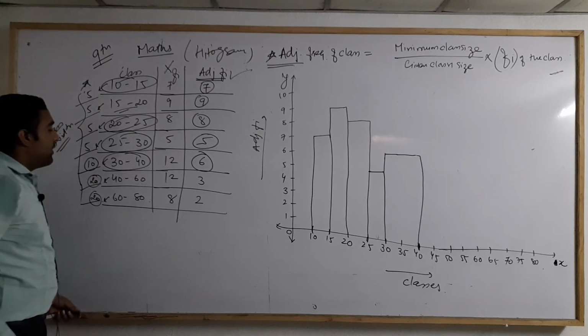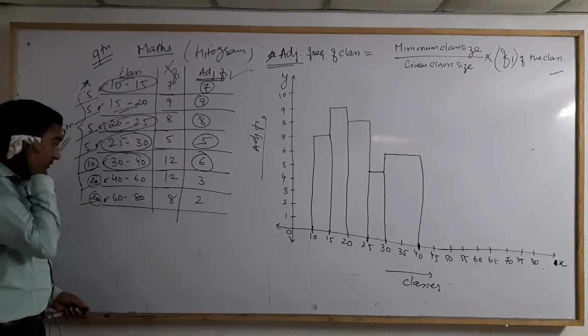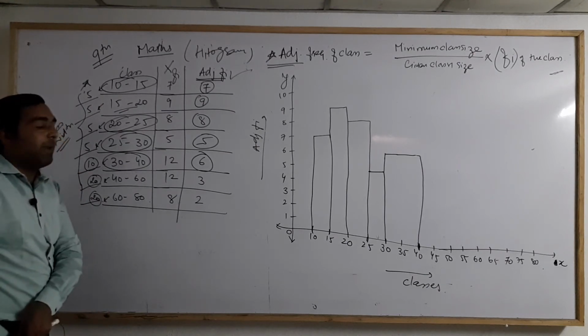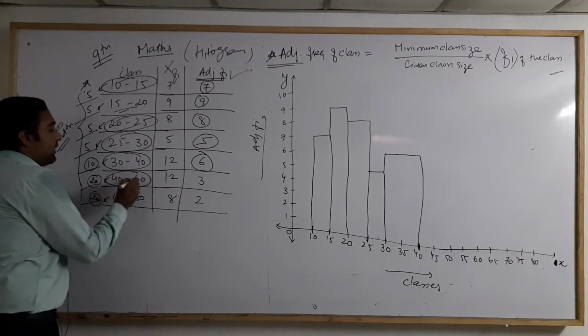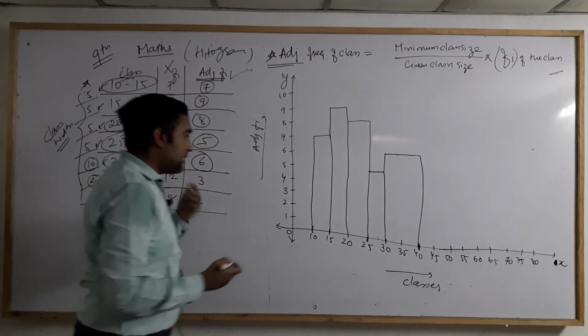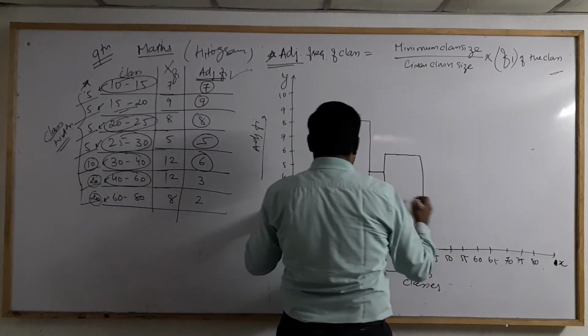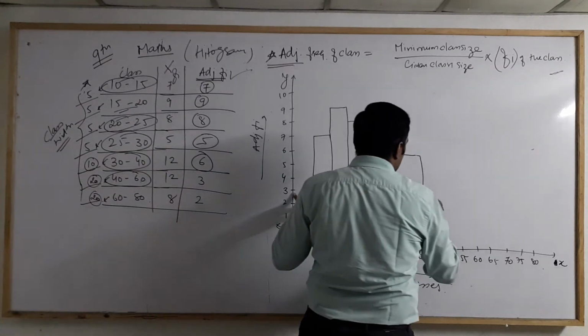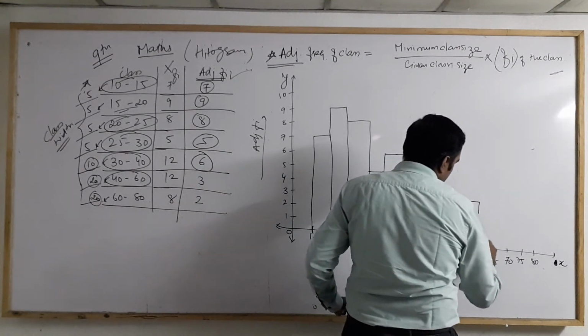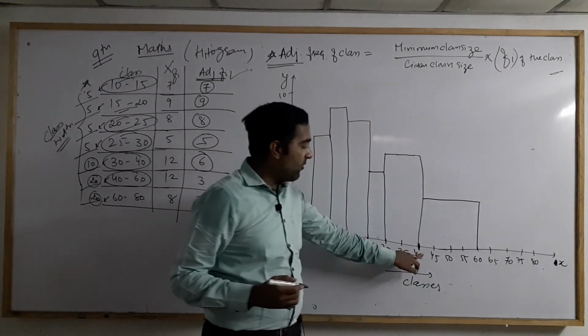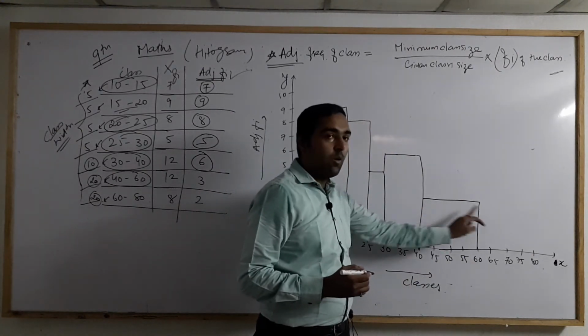Okay, now we are moving to 40 to 60 and my adjustable frequency is 3. Now we are moving from 40 to 60 and my adjustable frequency is 3. So I'll move from 40 to 60, all of them.